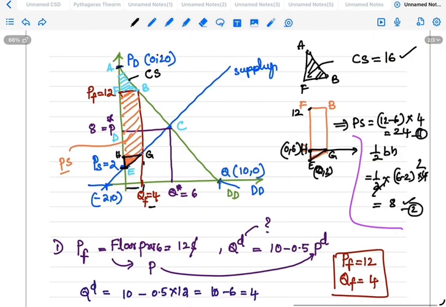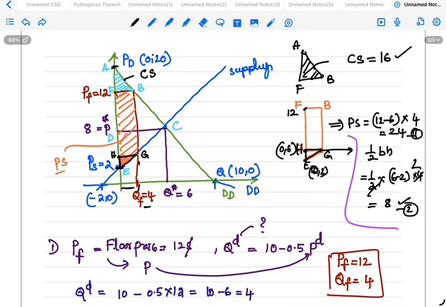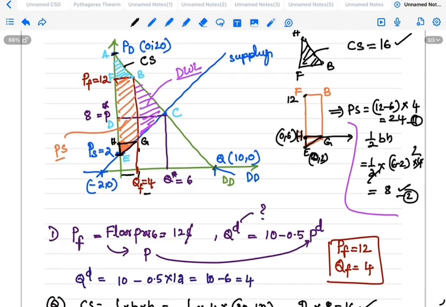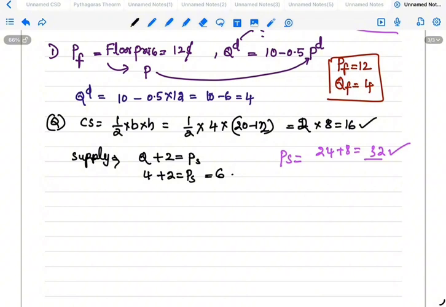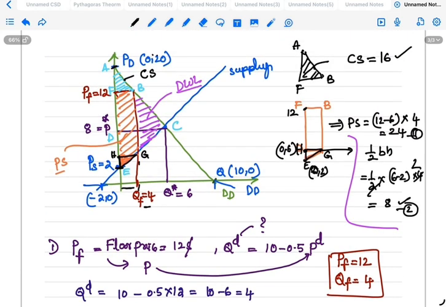What is the deadweight loss? This pink area is the deadweight loss. It is half base times height.